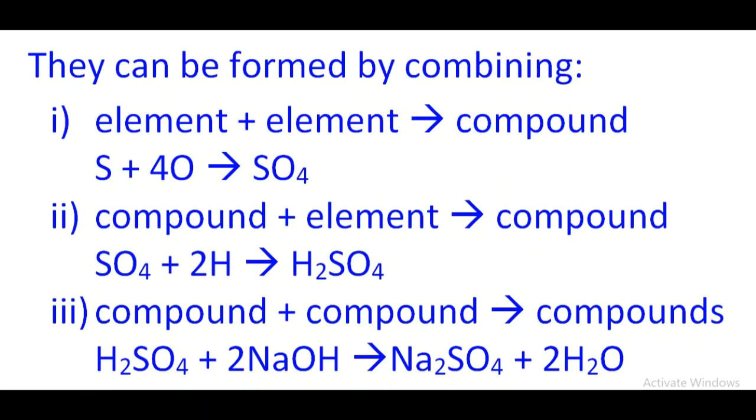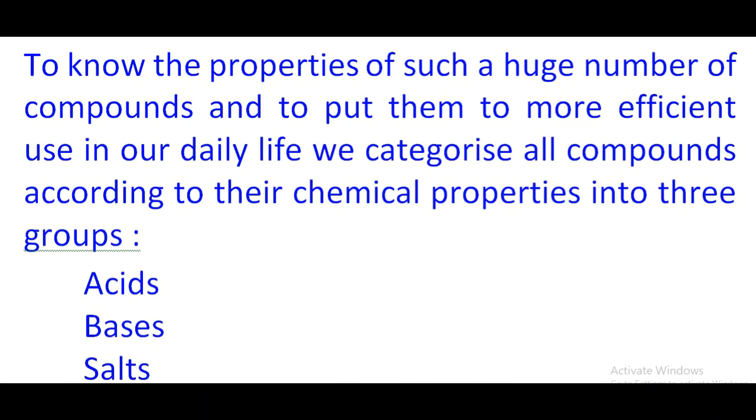Now, to know the properties of such a huge number of compounds, you can understand what countless number of compounds must be there. And why know them? Because to put them to more efficient use in our daily life, to benefit from the use of the compounds, we must categorize all compounds according to their chemical properties.